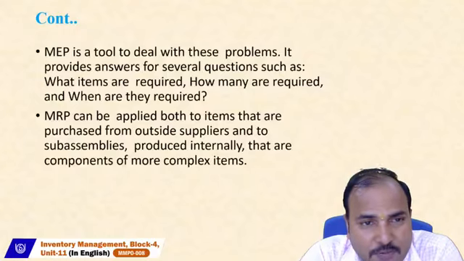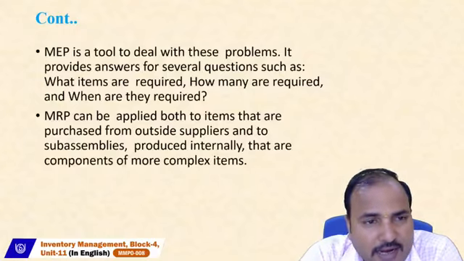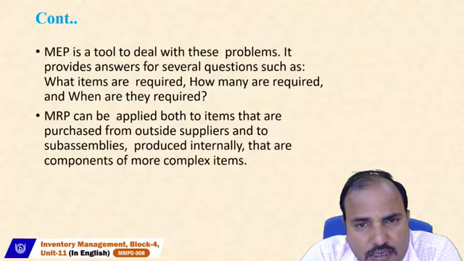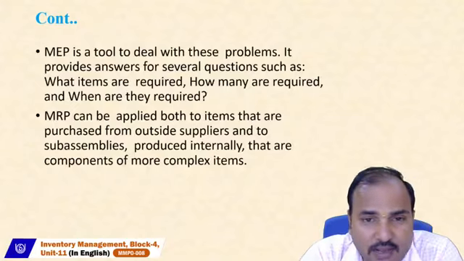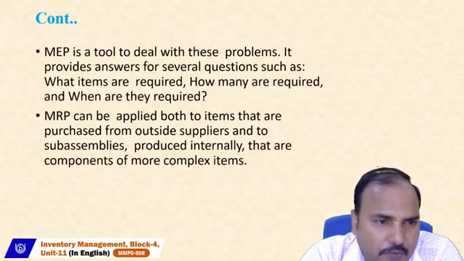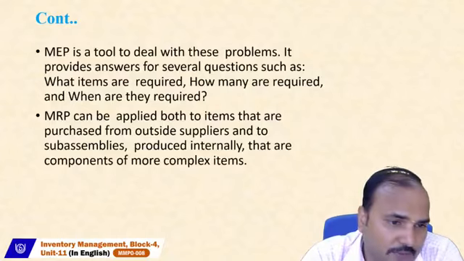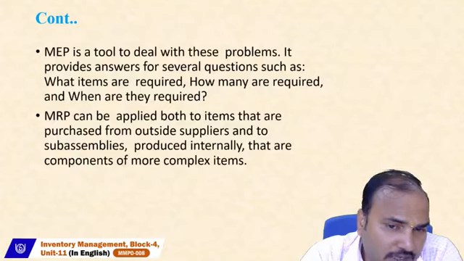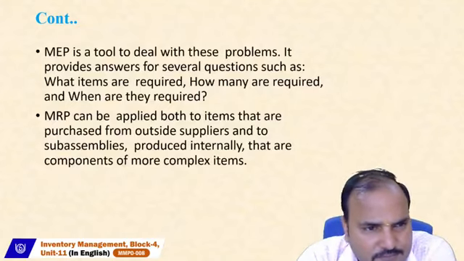It provides answers for several questions, such as what items are required, how many are required, and when are they required. So remember these: what items are required, how many, and when. What, how, and when. So MRP can be applied both to the items that are purchased from outside suppliers and to sub-assemblies produced internally that are components of more complex items.